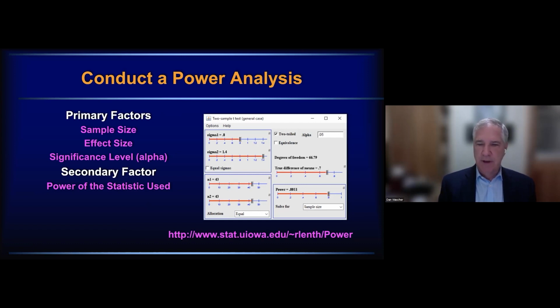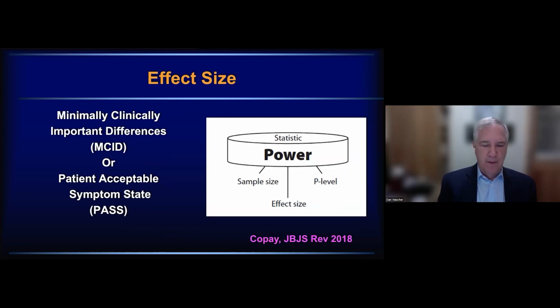And this is a nice website that has a nice algorithm that you can plug in numbers and see what kind of sample size you'll need to answer your question. The effect size, such as a change in patient-reported outcome measures, should be higher than the MCID or the PASS.